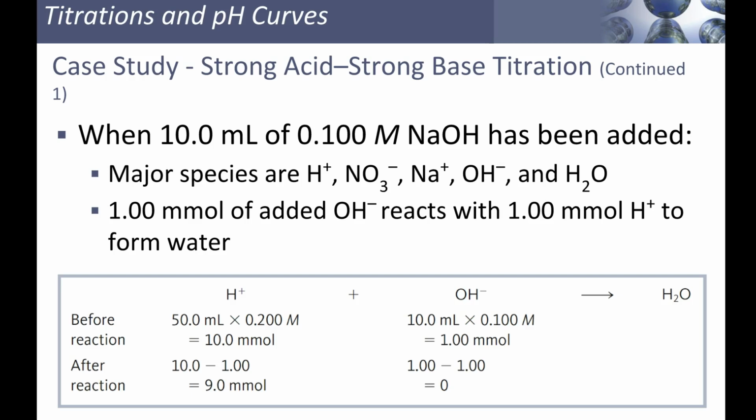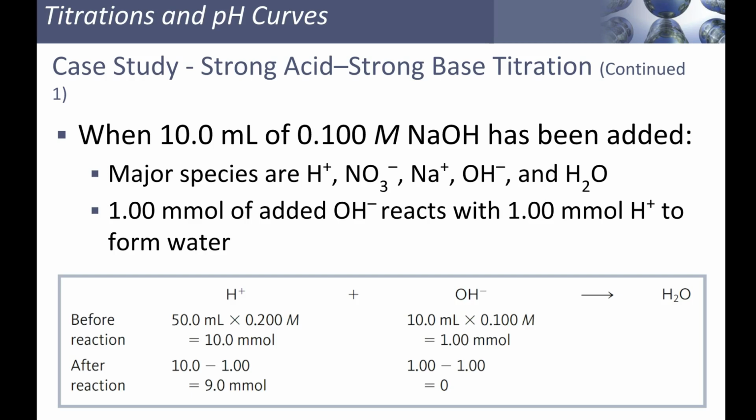And what's going to happen to that hydroxide when you put 1 millimole of hydroxide into a solution that has 10 millimoles of H plus? Think about what you're saying before you say it. You have H plus, 10 millimoles of it.